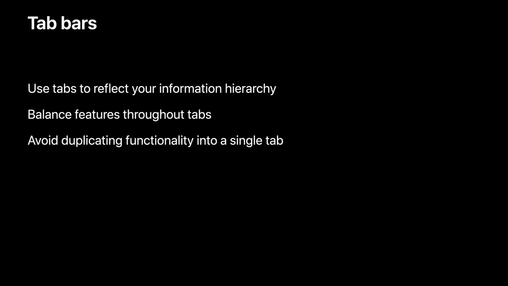Next, one of the biggest selling points of a tab navigation is access to multiple top-level hierarchies. So avoid hiding or removing the tab bar throughout your navigation. Persistent access to the tab bar gives someone the ability to toggle between different levels of your information hierarchy while maintaining context in each.